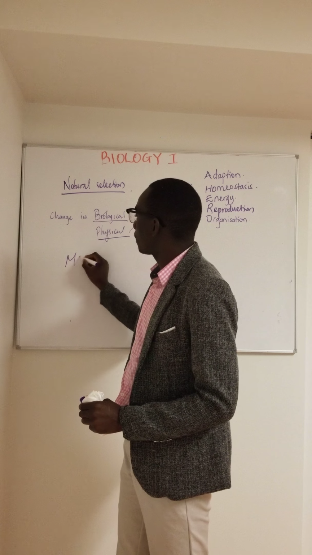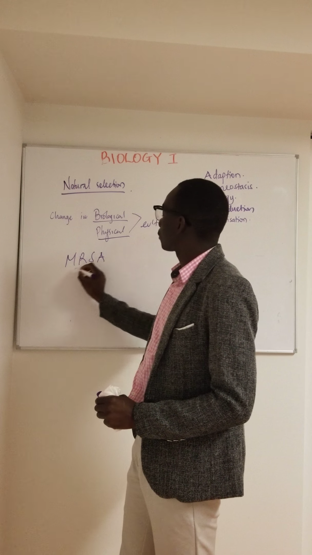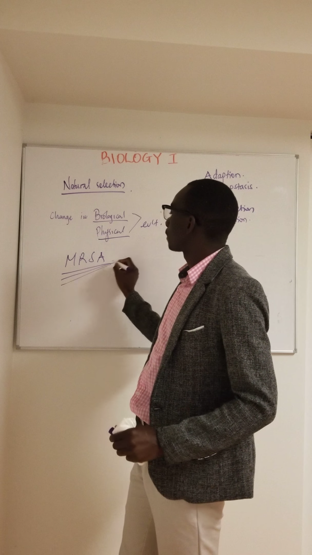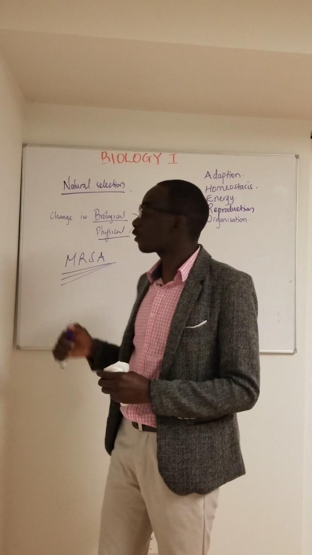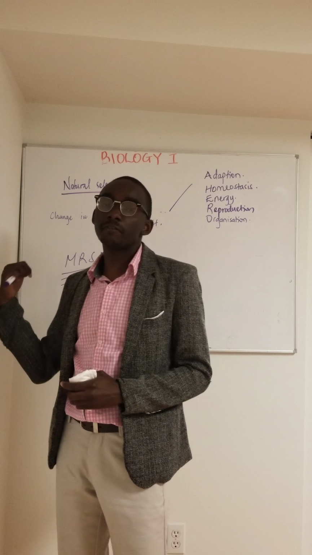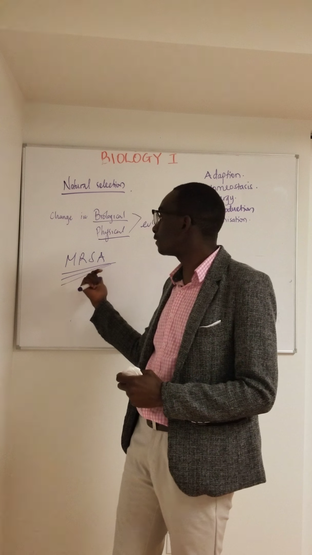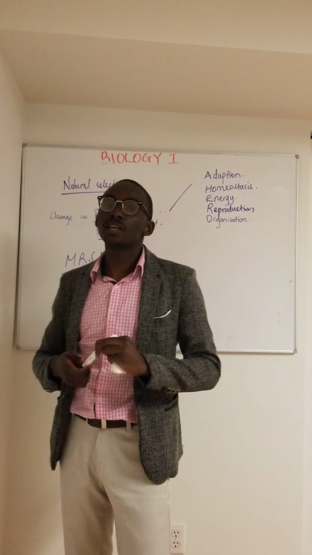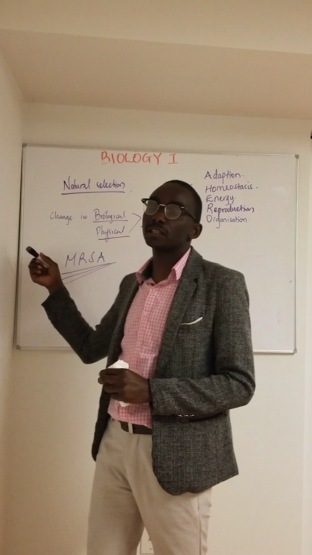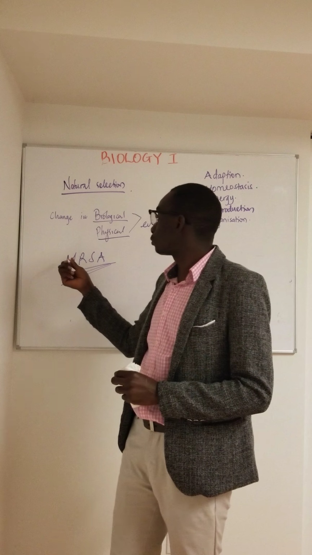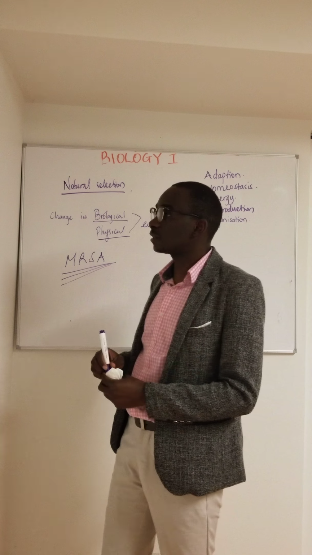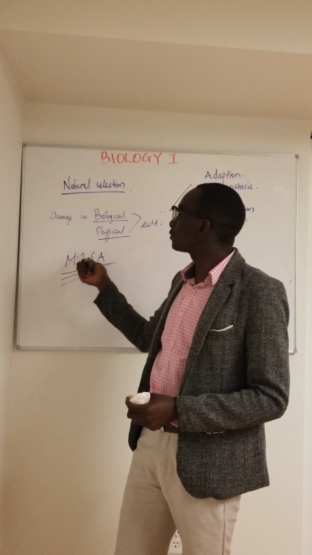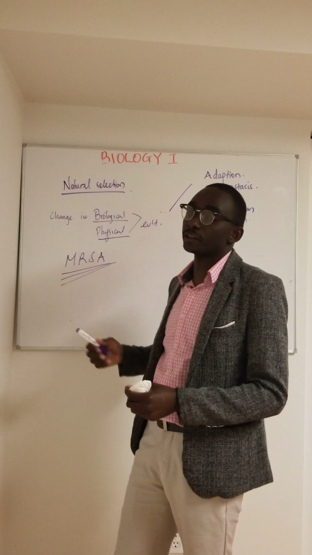Usually it's called MRSA. So this type of staph aureus is a very common hospital infection, hospital disease, because it is very resistant to very many antibiotics. And of recent, they changed it to multi-resistant staph aureus.